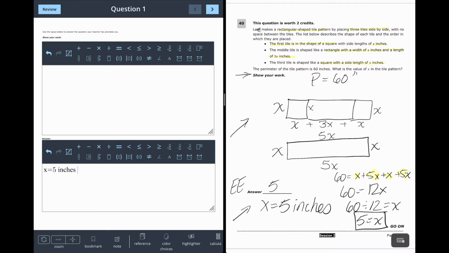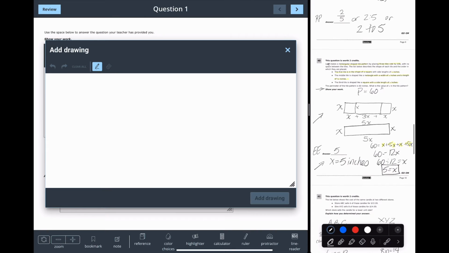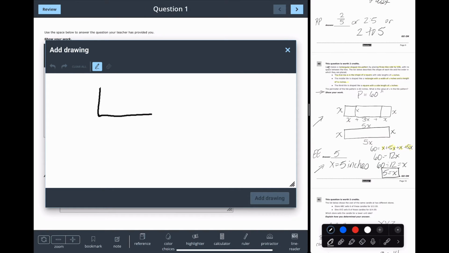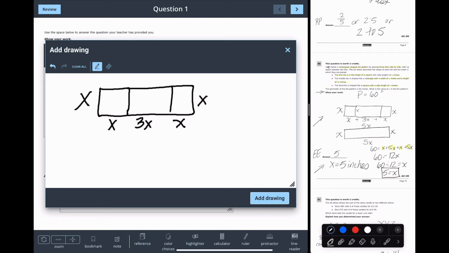I need to show that work up here somewhere on my page. So how am I going to do that? So I would probably start by doing the drawing. Let me draw this out a little bit, make this a little bigger so we can see it. And I would draw my x, and then here are my three pieces, x, 3x, x, because I want my thinking to be completely visible.